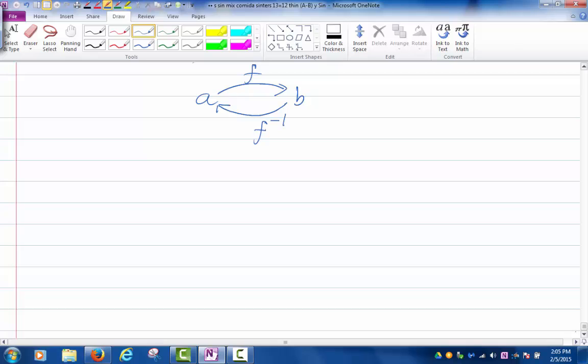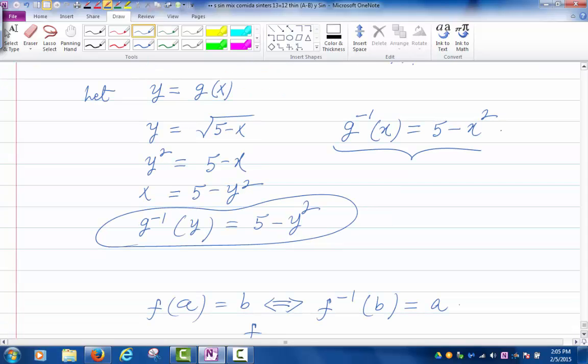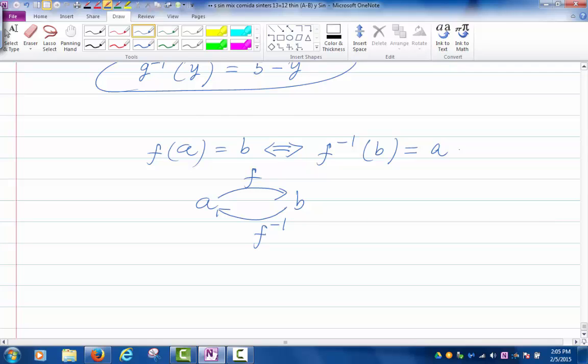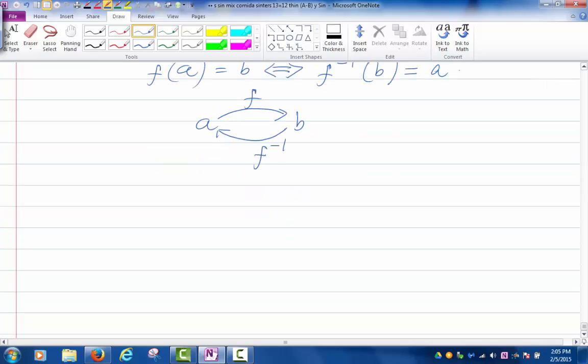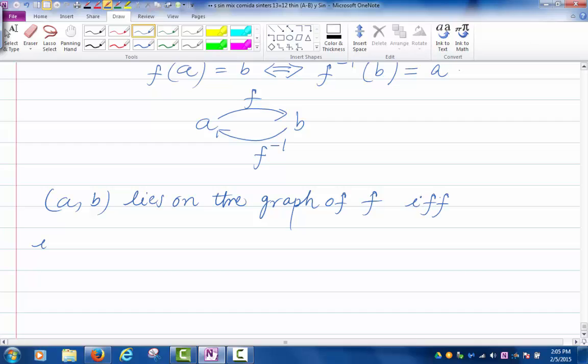Now, wouldn't that mean that, f of a is b, doesn't that mean that the point AB lies on the graph of f if and only if the point BA lies on the graph of f inverse, right?